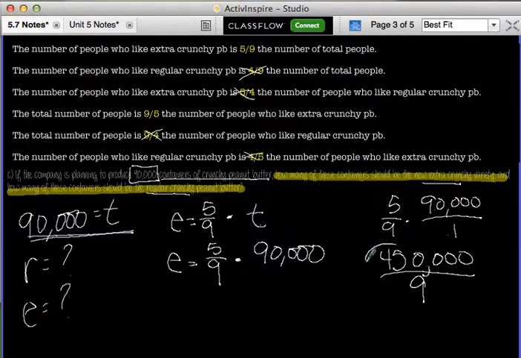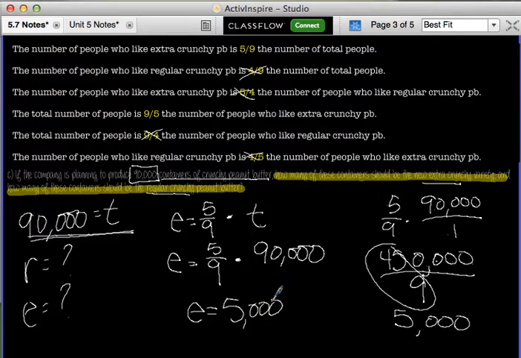Here I can do 45 divided by 9, and that gives me 5, and I have 4 zeros left still, so 45,000 divided by 9 is 5,000. So I know that when 90,000 containers are made, 5,000 of them should be extra crunchy.